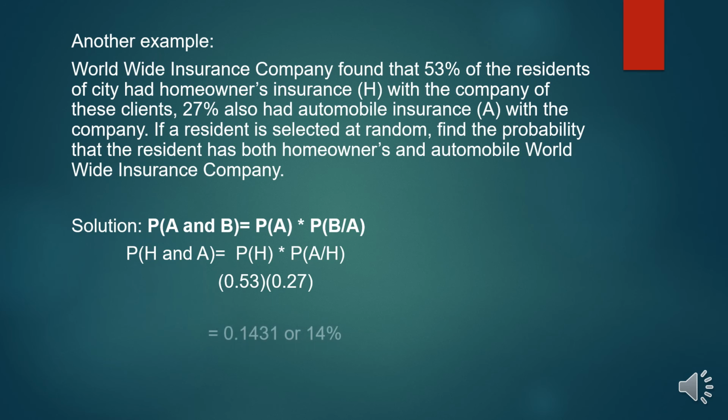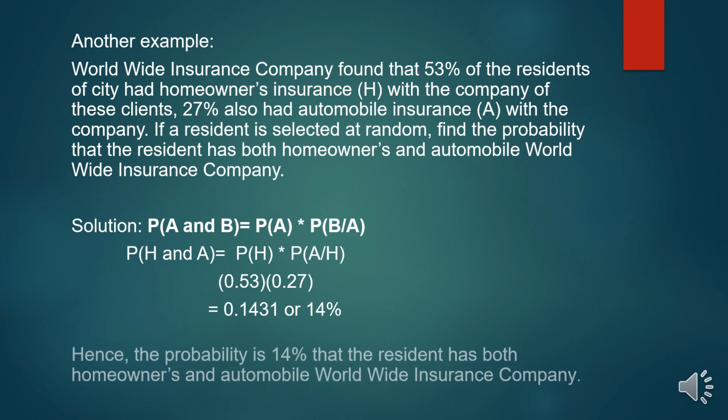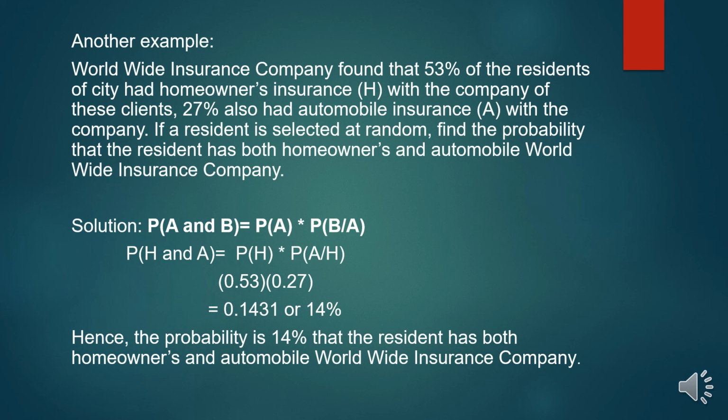And the answer is 0.1431, or if you want the percentage, you multiply it by 100 so you get about 14%. Hence, the probability is 14% that the resident has both homeowners and automobile insurance with the Worldwide Insurance Company.